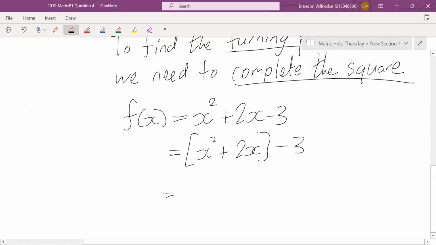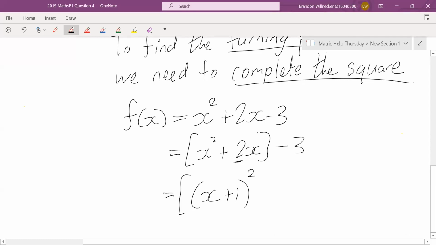Step 2, we need to take the 2x terms and put them into one bracket. So how do we do that? It's going to be x plus, because we've got a plus here, half of this coefficient. So this is our b coefficient. We divide it by 2. So it'll be plus 1 squared.